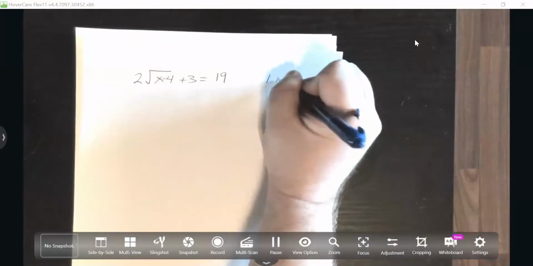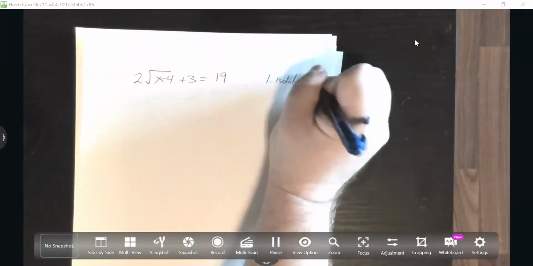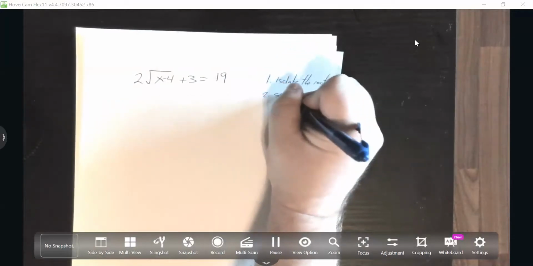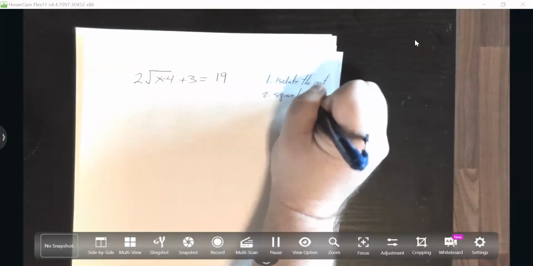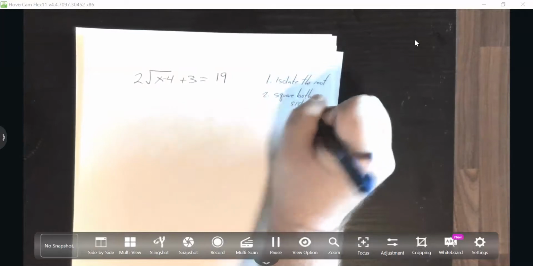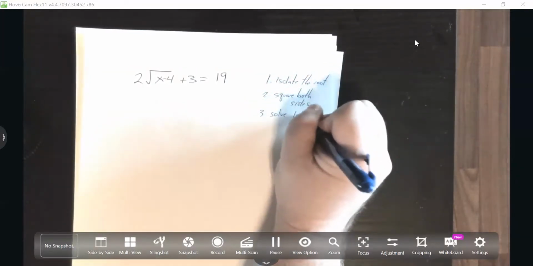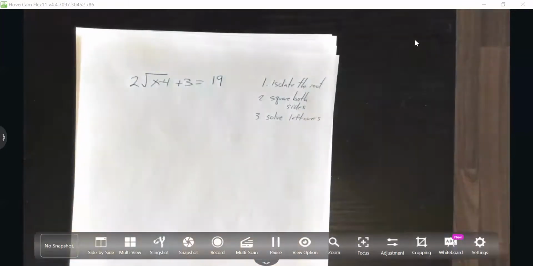To boil down our procedure to its basics, we had to isolate the root. We had to square both sides. And then we would solve whatever's left over. So that was our basic procedure for how we approach these.